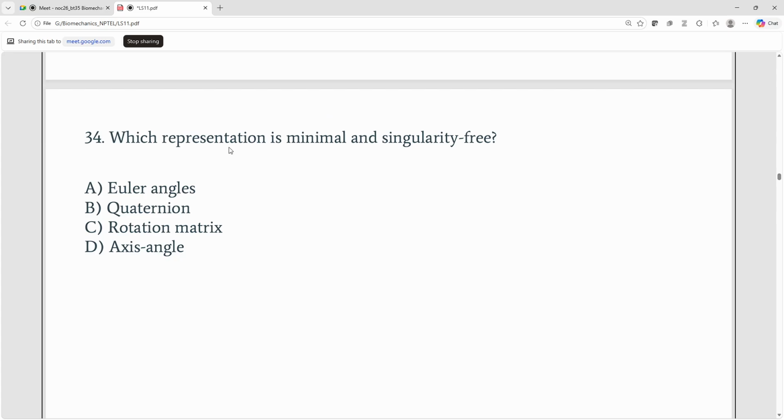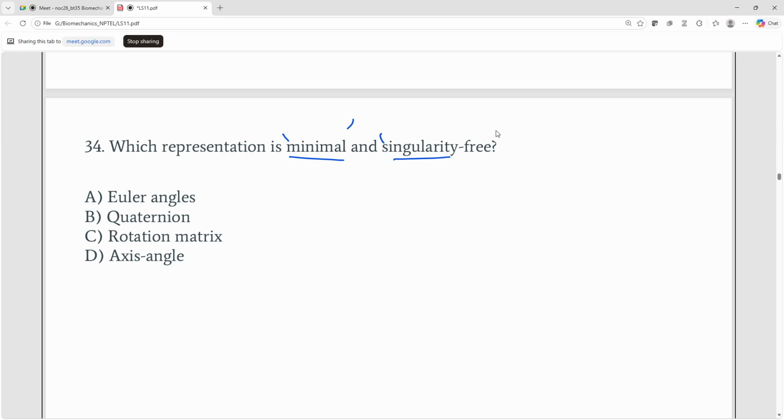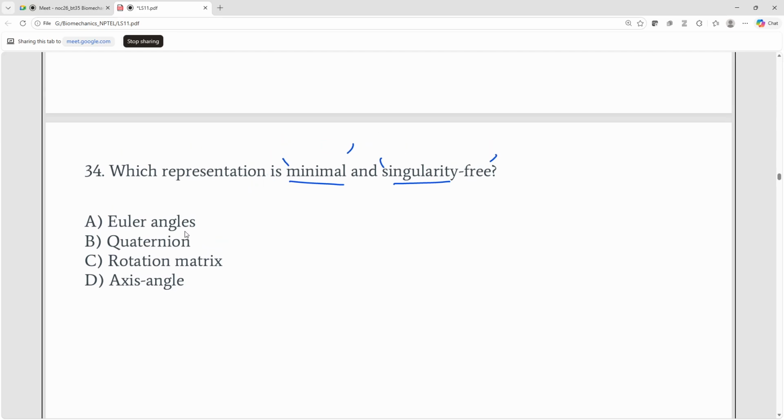Next question. Which representation is minimal and singularity free? Options are option A, Euler angles, option B, quaternions, option C, rotation matrices, option D, axis angle.